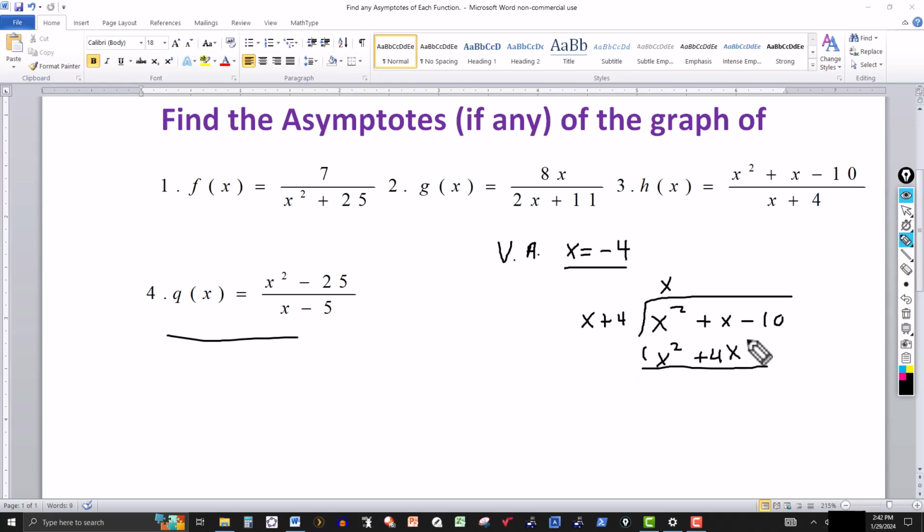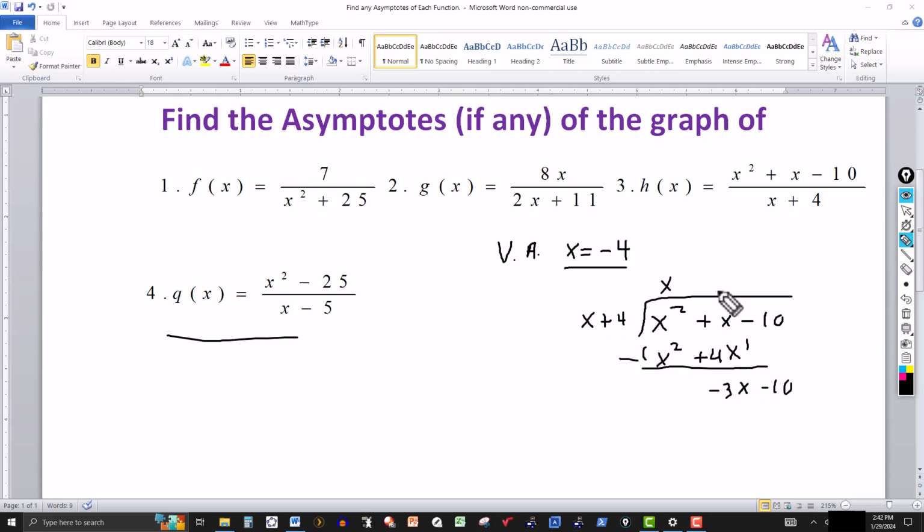So x squared minus x squared cancels, x minus 4x is minus 3x, and bring down the minus 10. Then we repeat the procedure until we get a remainder of 0, or the degree of the remainder is less.